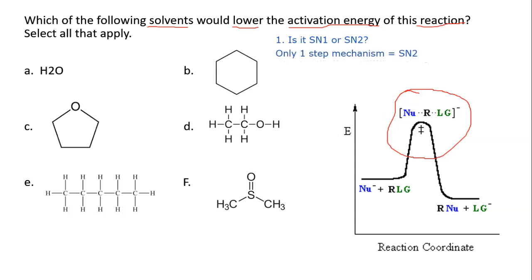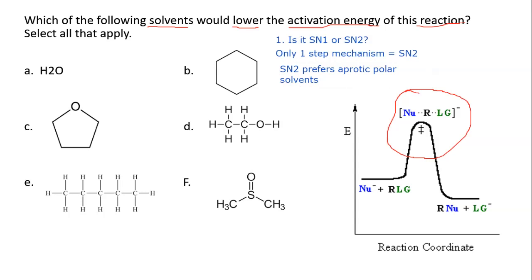So now that we know it's a one-step SN2 mechanism, we know that SN2 prefers aprotic polar solvents. So what are aprotic polar solvents?